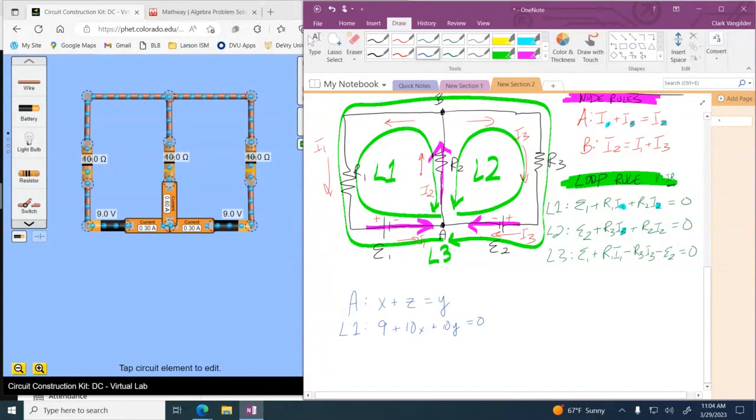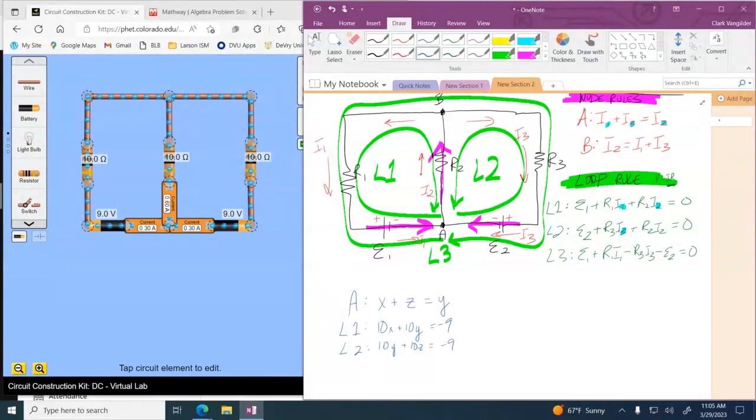Or what would be slicker is to just write 10x plus 10y is minus 9. Is it x and y? Yes. And loop 2 will have the same basic structure, except it's y and z, because you have the 2 and 3 subscripts. So 10y plus 10z equals a negative 9.